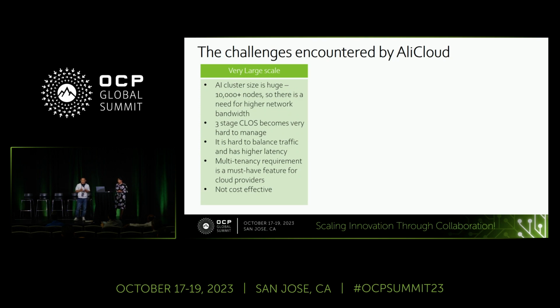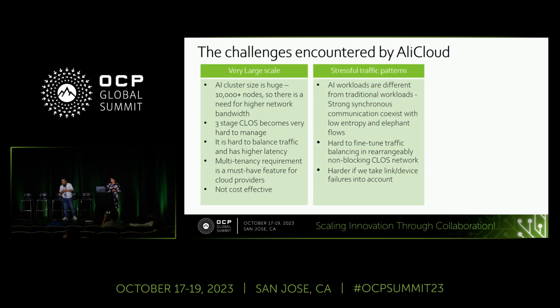The performance isolation and security must be taken care of between the different AI training workloads and the different customers. Right. The second is high performance for stressful traffic patterns. AI training workload is different from traditional workloads, with much synchronous collective communication with elephant flows.